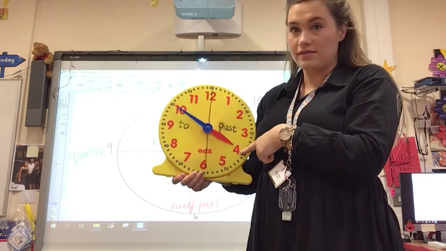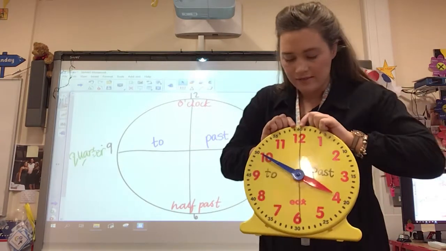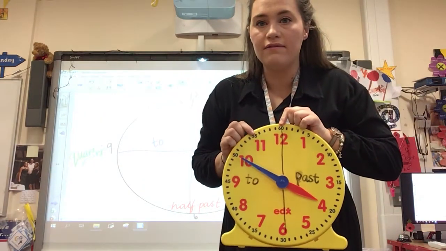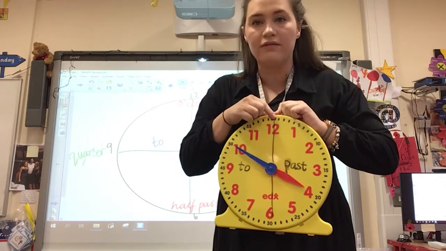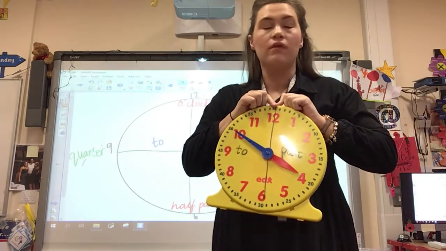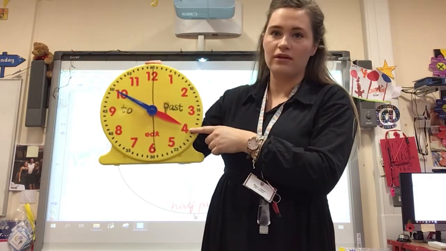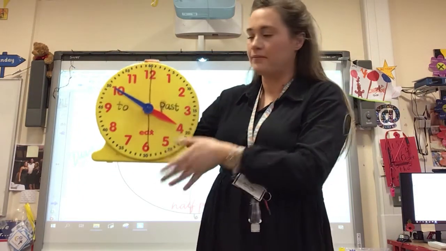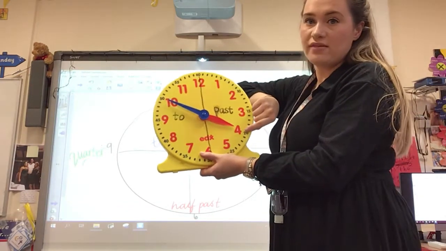So 4 o'clock will be the hour that it's almost at. Let's count backwards from 12. 5, 10. So it's 10 minutes to 12. It's almost at 4 o'clock, but it's not quite there. 10 minutes to 4. I just realised I said 10 minutes to 12. Sorry. So it's 10 minutes to 4, which is the hour.